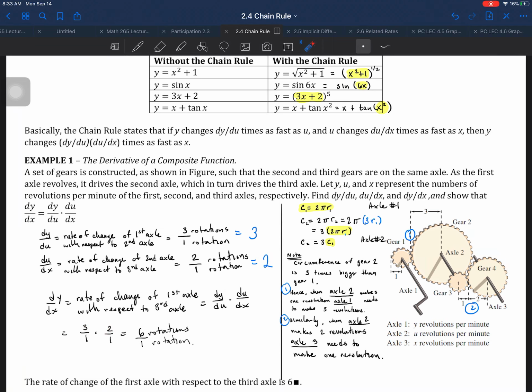That means the rate of change of the rotation of the first axle with respect to the third axle is that you need to make 6 rotations of the first axle in order to make 1 rotation of the third axle.